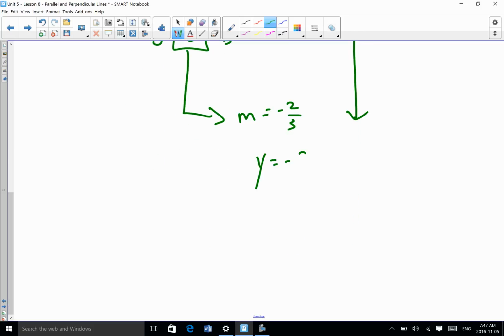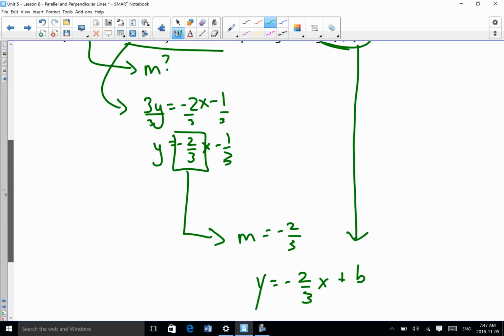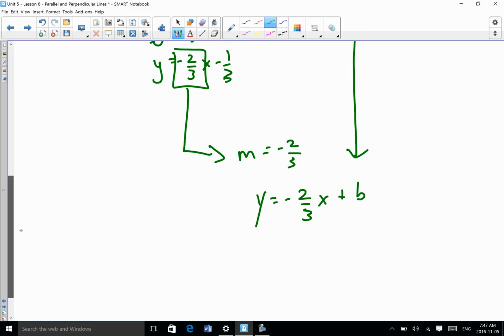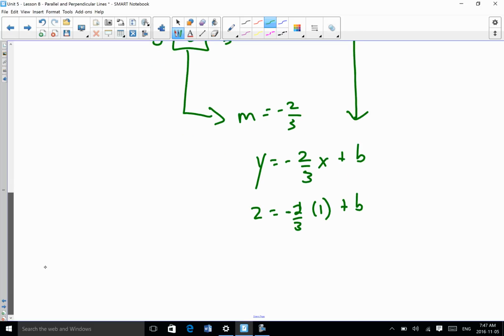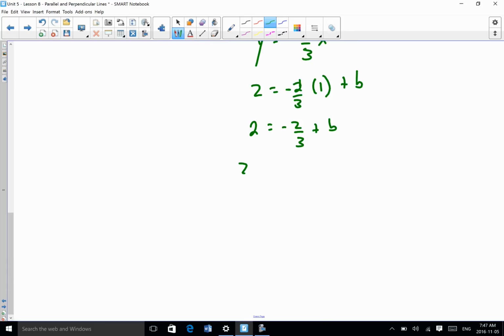Y equals negative 2/3 x plus b. Fill in what we know. Our point is 1, 2. So 2 over here, 1 over here. Solve for b. That's what we did yesterday, right? Just some messy ones. Expand your brackets. Rearrange.